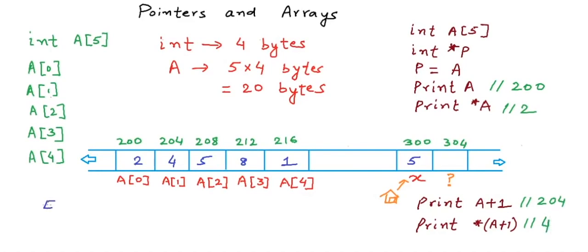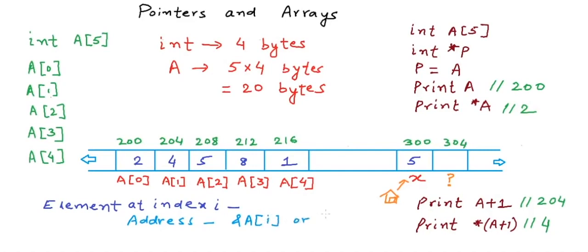For an element in the array at index I, we can retrieve the address of this particular element in the memory using either ampersand ai or simply a plus I, and these two will give us the address of ai. And the value of ai can be retrieved using either ai, or we can also use asterisk a plus I, and asterisk a plus I will also give us the value.